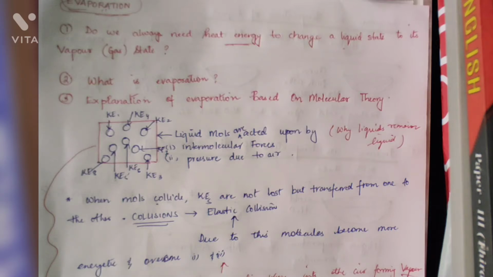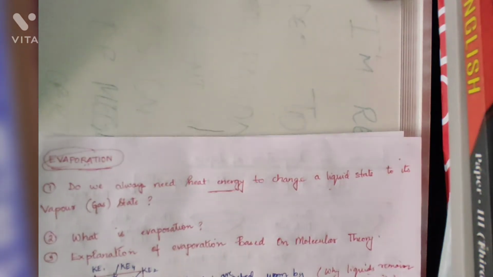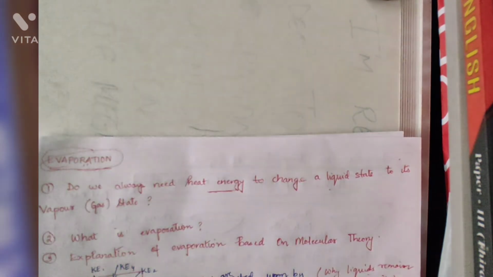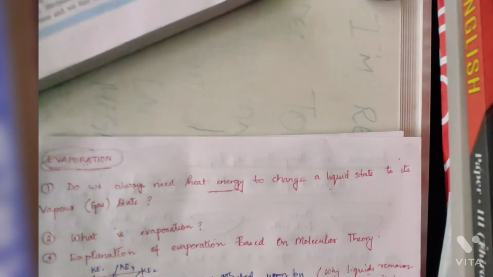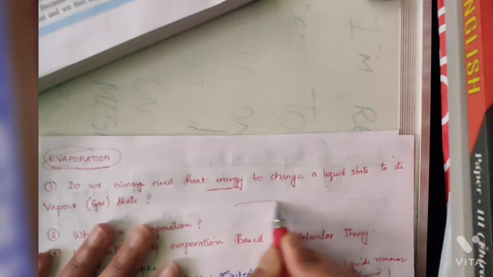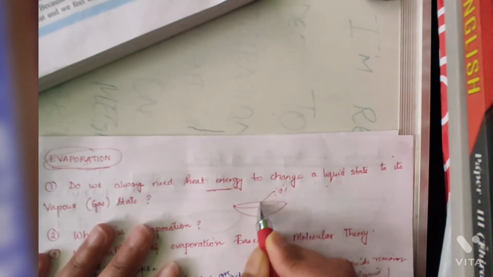You did not apply any heat. You did not switch on any Bunsen flame. You did not even boil any liquid for the liquid to change to gas. So as I told you in the examples, the water in that saucer, which I told you to keep outside in the sun, evaporates. That is the term, it evaporates.